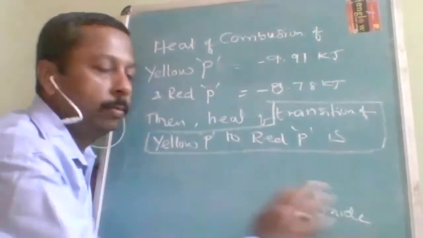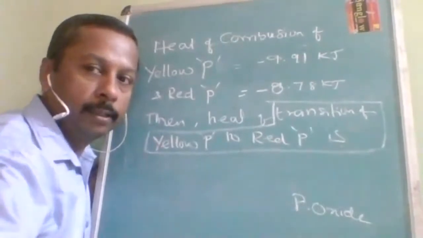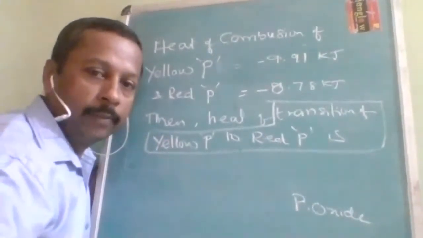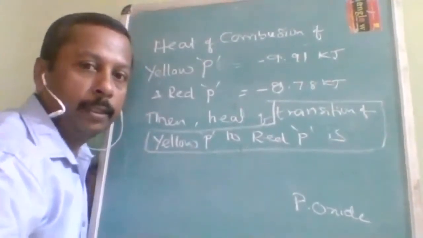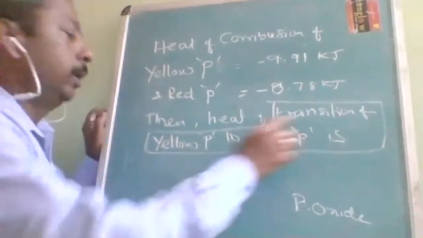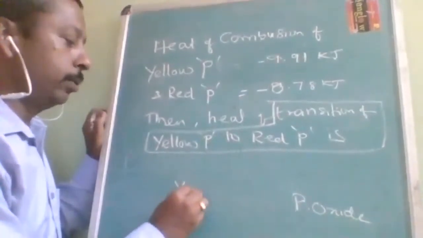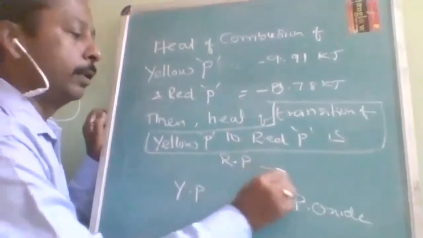We are not worried about whether it is P2O5 or P2O3; balancing is not much important here. In an entrance exam, time is very important, so wherever you can save time, you should. Now for the transition of yellow phosphorus to red phosphorus, write yellow phosphorus here and red phosphorus here.